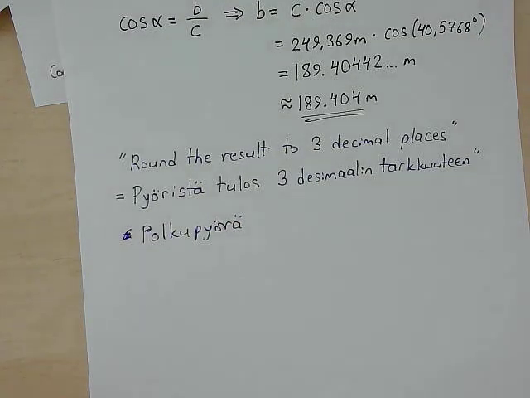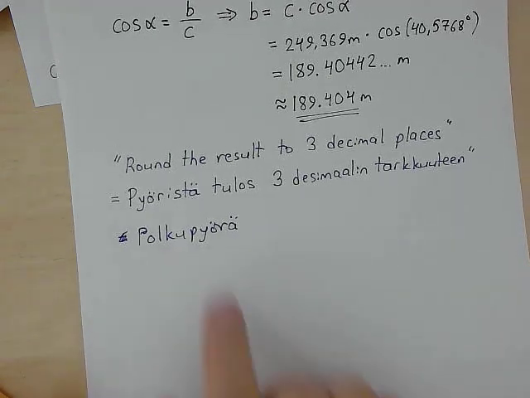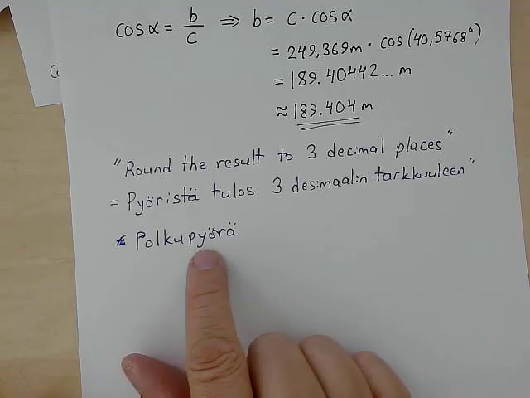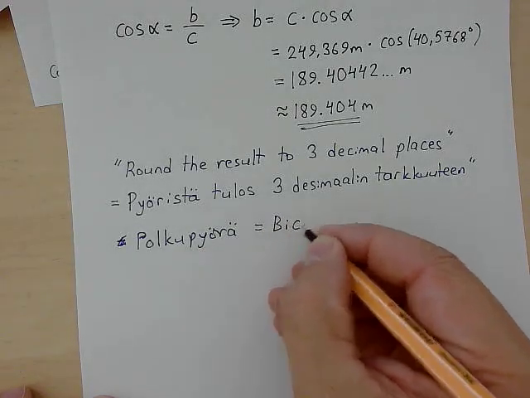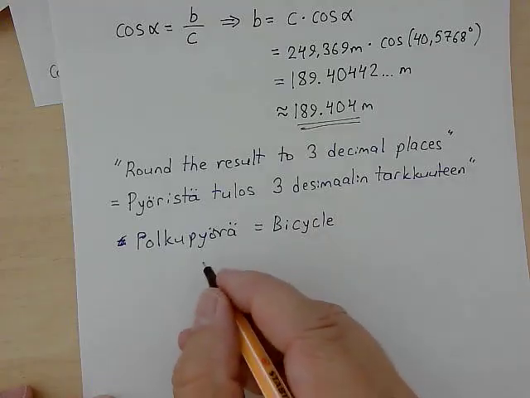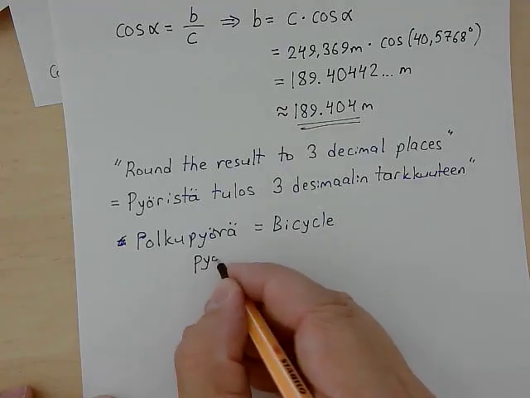Polku means, when you pedal, so you ride a bicycle, and pyörä is the wheel. But we may also use a short form, simply pyörä.